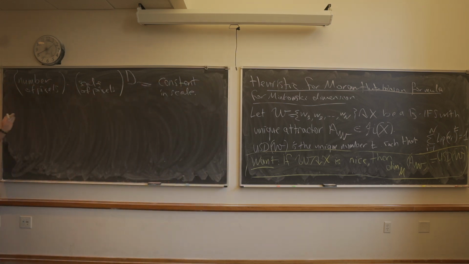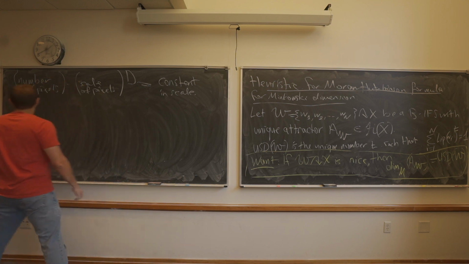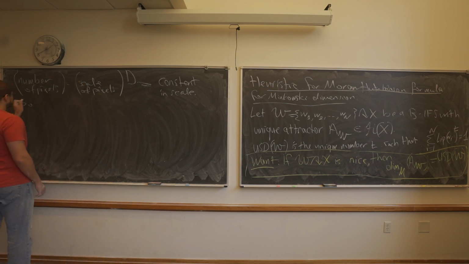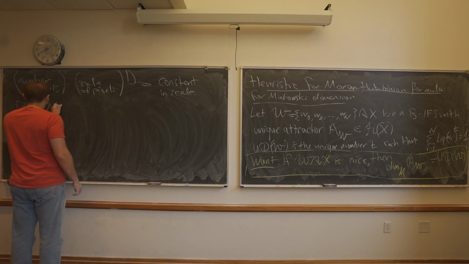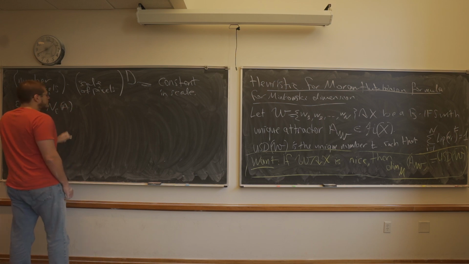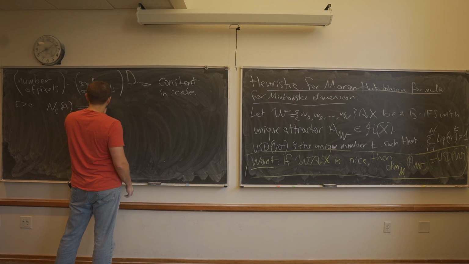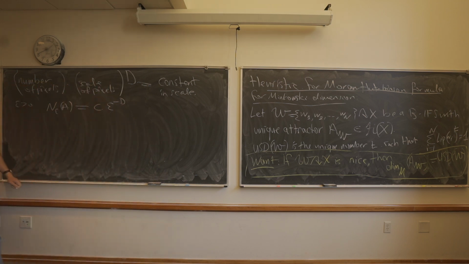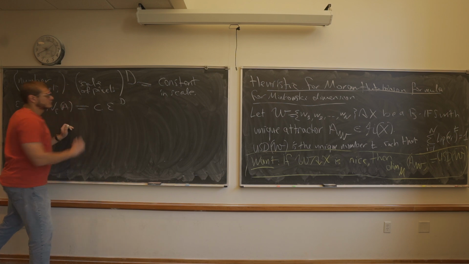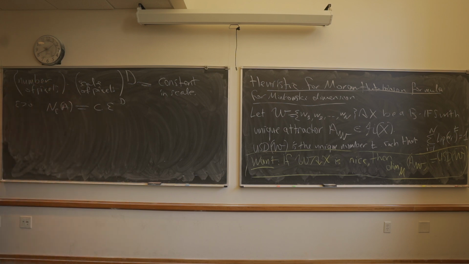So if I were to take an epsilon, that means that N epsilon of A is C times epsilon to the minus d. Oh, sorry, epsilon to the minus d. This scale should be 1 over epsilon here, if you think about how we derive the definition.